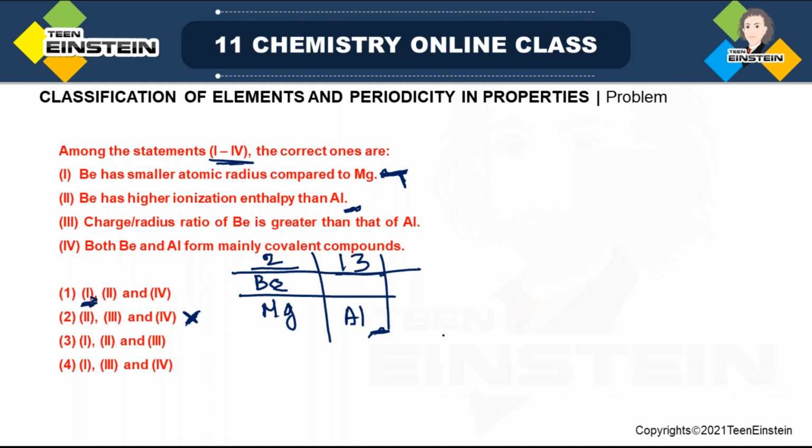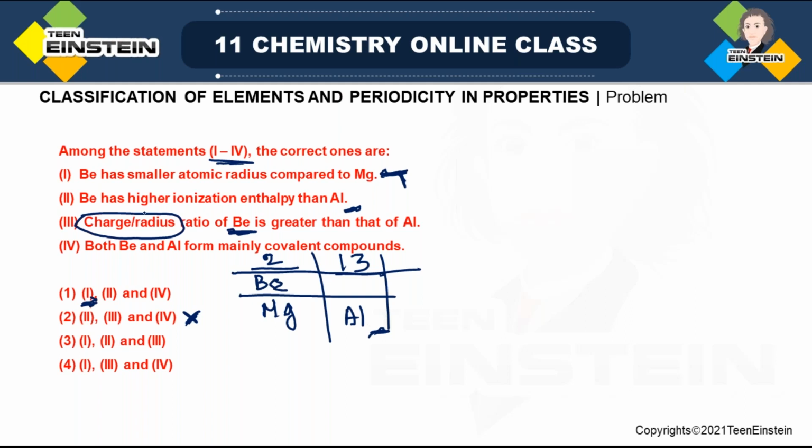The next statement here: charge by radius ratio for beryllium is greater than that of aluminium. Now charge by radius ratio, as we have seen in the previous table, because of similarity in properties, that is charge by size, electronegativity, there is actually diagonal relationship. So if that is true, this charge by radius ratio should be similar for Be and aluminium. It should not be that Be is greater. So it should not be correct.